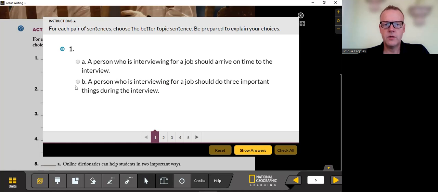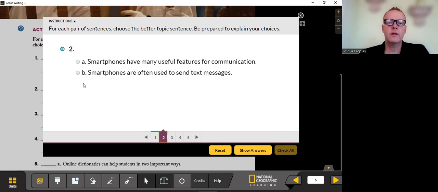B, a person who is interviewing for a job should do 3 important things during the interview. So it's going to be B because it's a clear topic and it even sets you up to make 3 points. A is too general, and it's just stating a fact. There's not that much to write about. B is the correct answer.